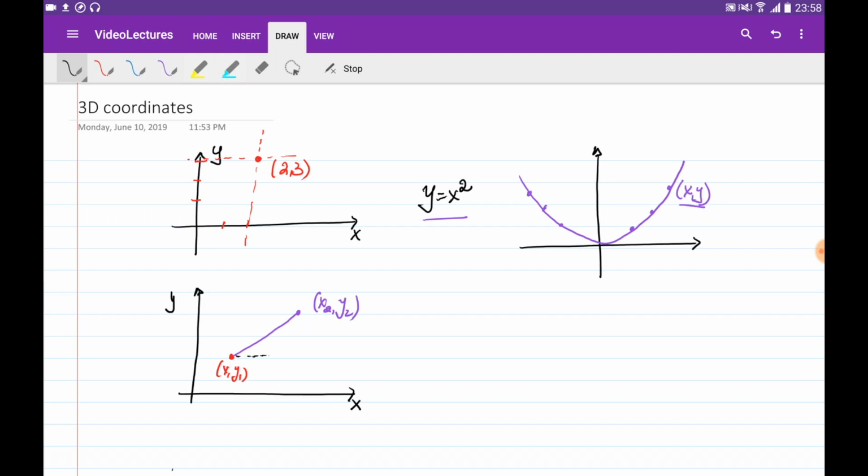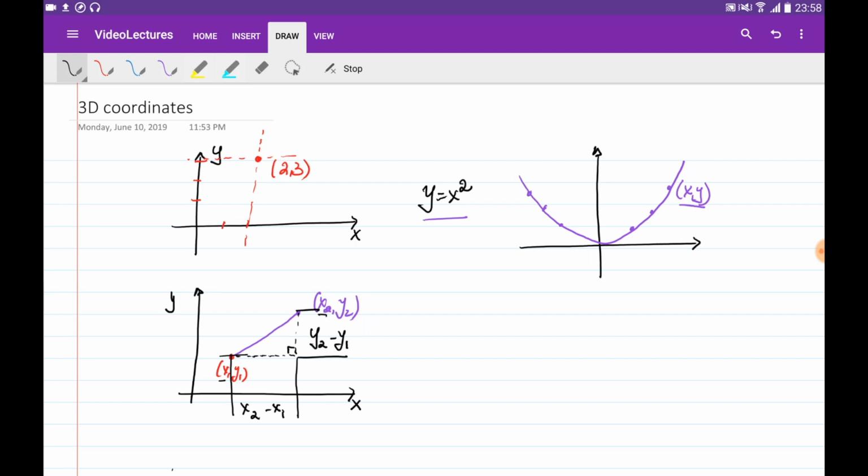In order to do this, we need to build a triangle with a right angle. The length of this side is going to be the difference of the x coordinates of these 2 points, x2 minus x1, and this side of the triangle is going to be the difference of the heights, the difference of the y coordinates, y2 minus y1.